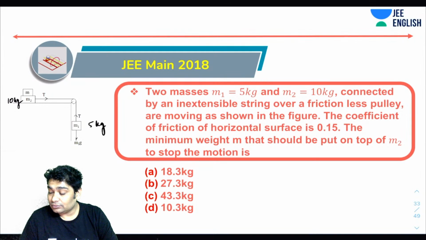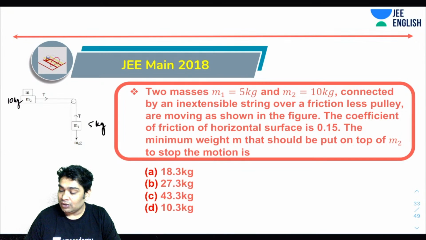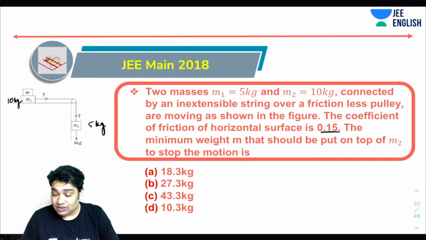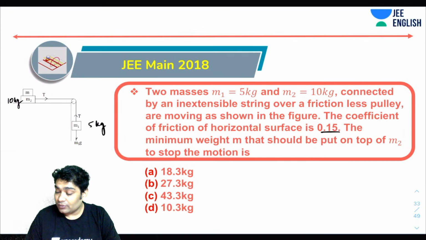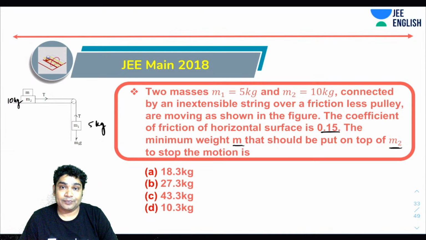They are moving as shown. You've been told the coefficient of friction of the horizontal surface is 0.15. The minimum weight M that should be put on top of M2 to stop the motion is?